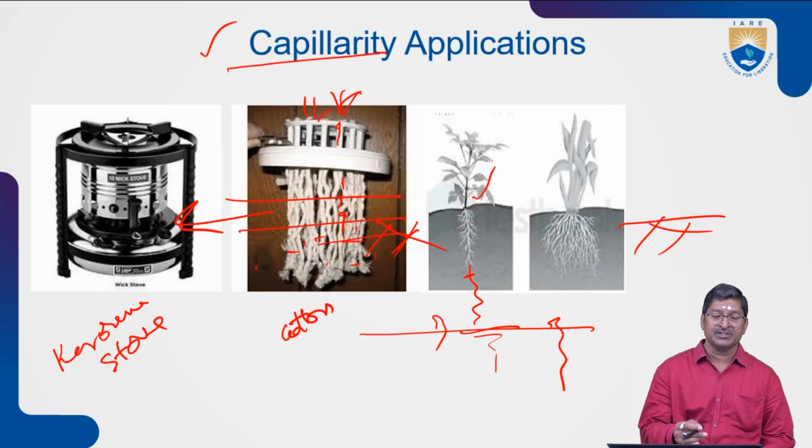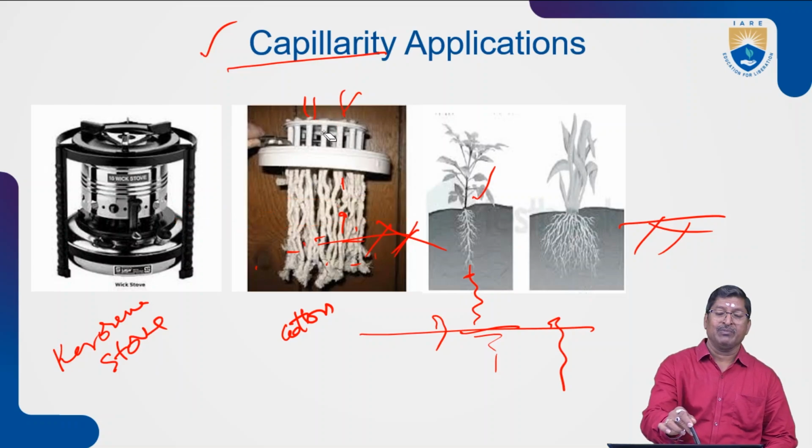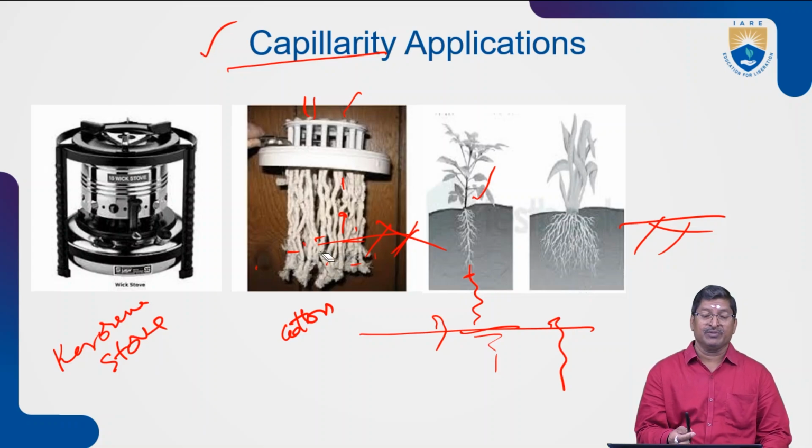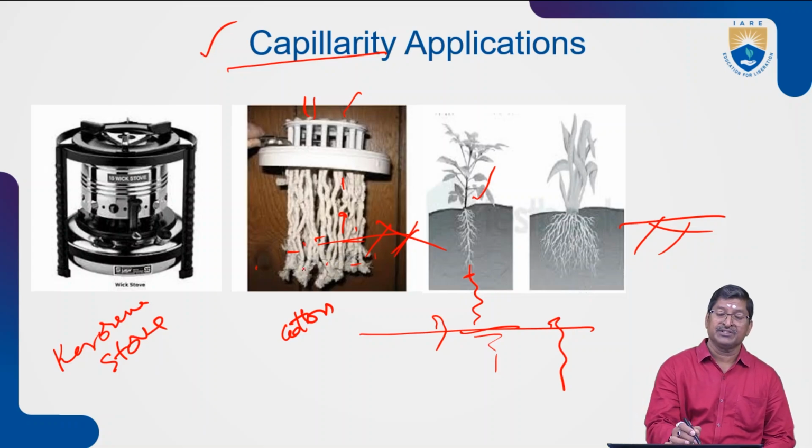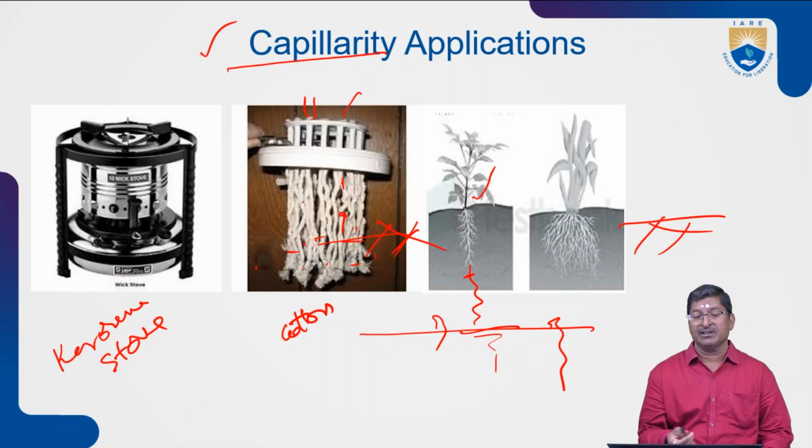The best example of capillary action is the kerosene stove with cotton material. The micro pores existing between the cotton threads lead to capillary action, so that kerosene will move upwards and the flame will occur.